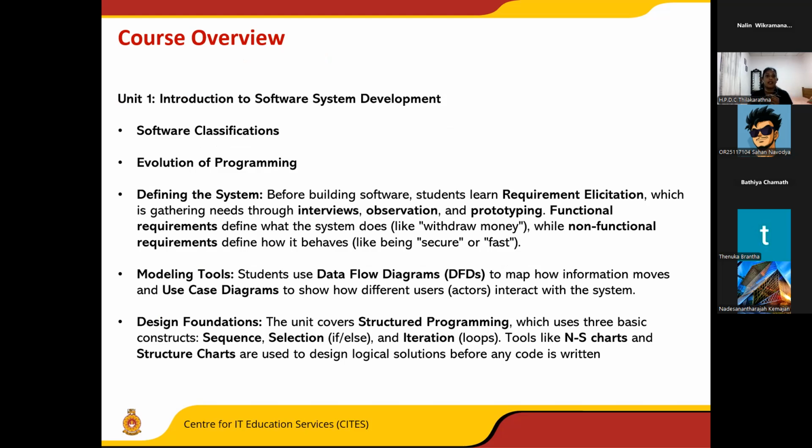So there are functional requirements and non-functional requirements. So before building a software, you need to have these requirements. You can gather them through interviews, observation, or prototyping. So you will learn them in this course, and later you will learn data flow diagrams and use case diagrams in order to show how different users interact with the system.